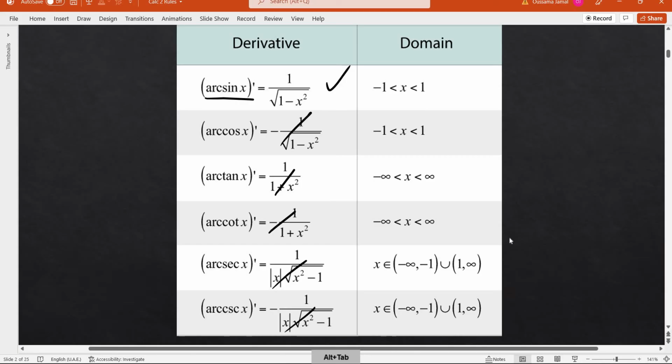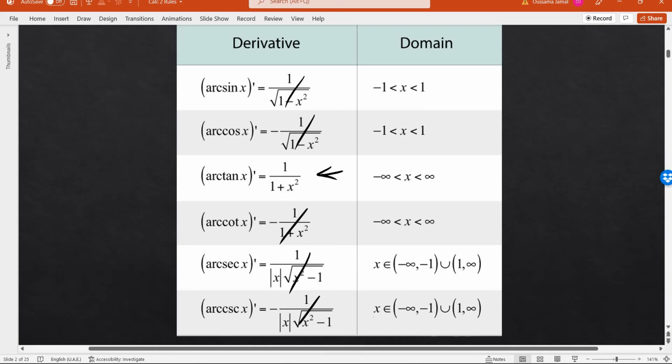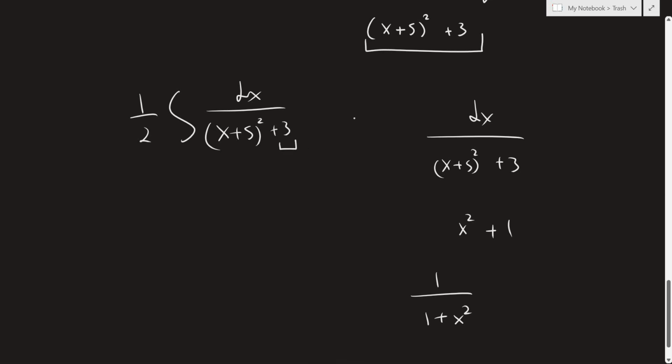So x squared plus 1, which is it close to? So first of all, there's no radical and it's not negative, so it's definitely this one. So it's arctangent. So the form should be 1 over 1 plus x squared in order to change it to arctangent. So what we're going to do is change this to this one.